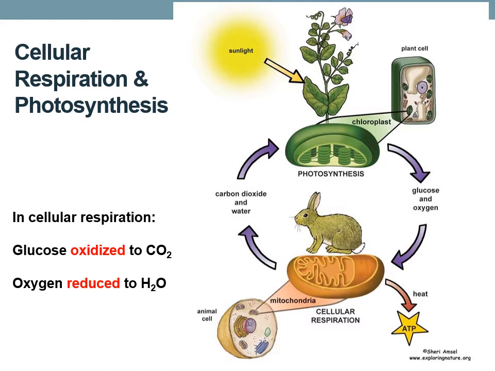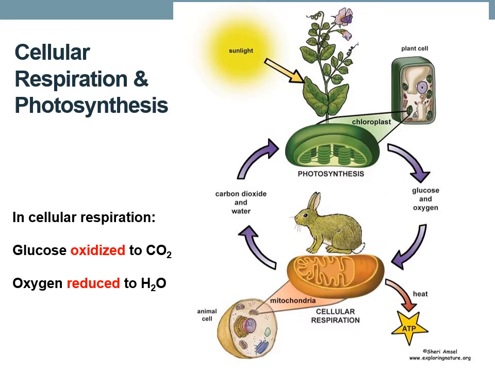Survival of organisms that undergo aerobic cellular respiration rely on organisms that are able to undergo photosynthesis and vice versa. In this figure, the plant uses energy harvested from the sun to convert carbon dioxide and water to glucose and oxygen during photosynthesis.